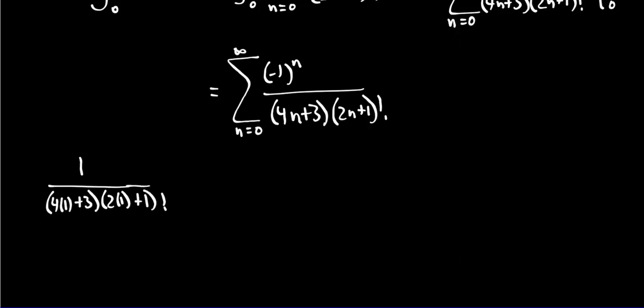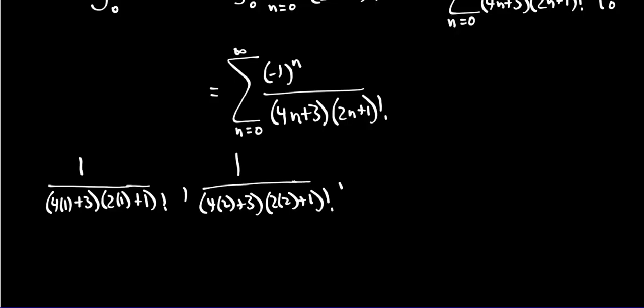Then I'll try another one. I'm looking for the number that gives something less than 0.0001. The next number I try is 4 times 2 plus 3, 2 times 2 plus 1 factorial. I just keep trying these. You can use your calculator.